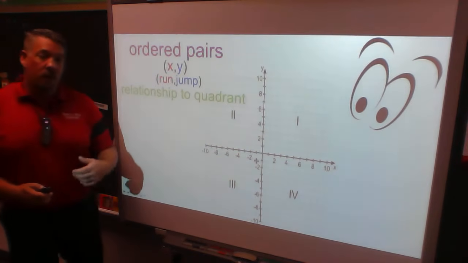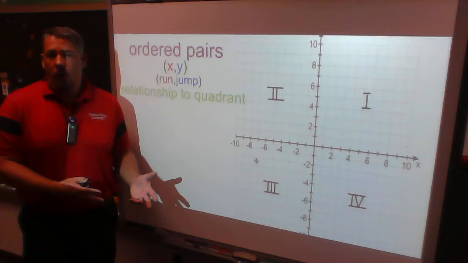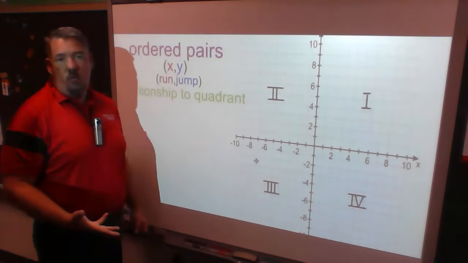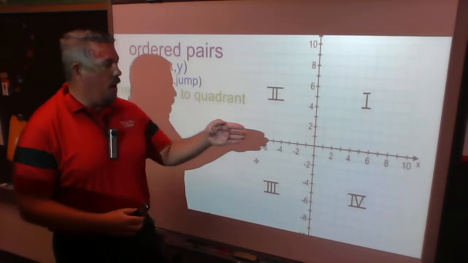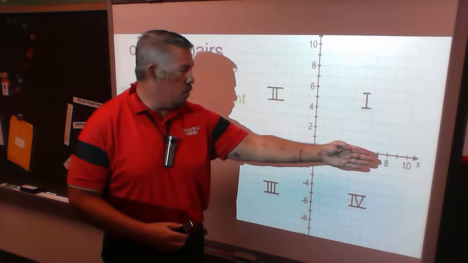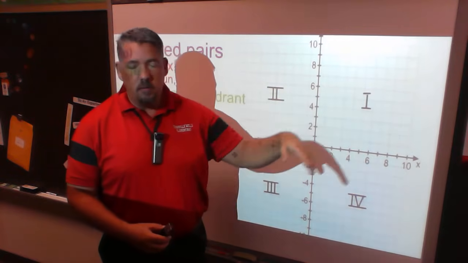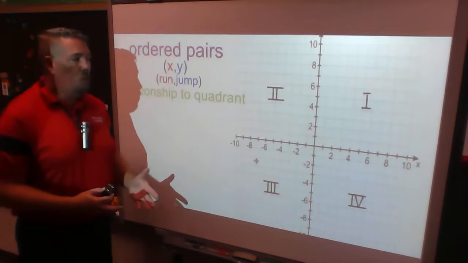Like we talked about in the last video, we go ironically, counterclockwise, when most things are clockwise. But if I remember that a positive forward number and a positive upward number is a quadrant 1, positive makes a 1.